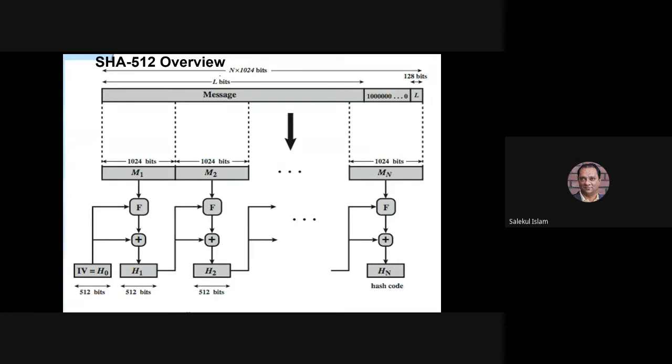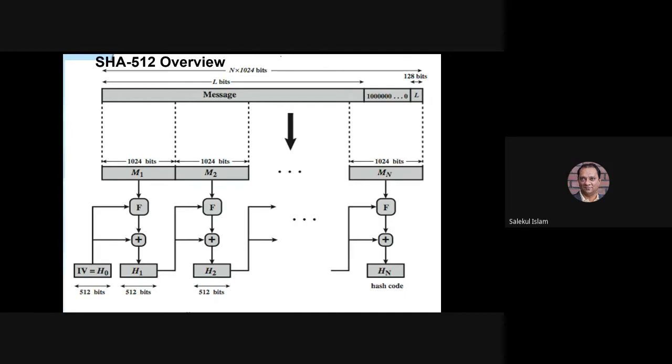It does not care whether this is a Word file or PDF file or exe file. It just considers everything as a very long stream of bits, just a 1-0 combination.